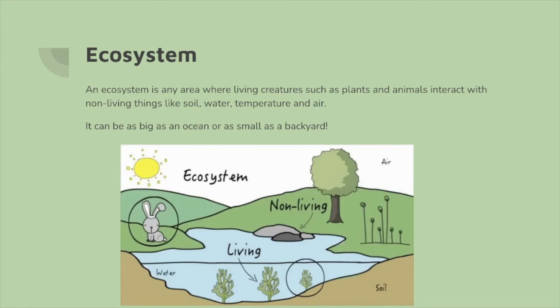So if you're thinking about what the difference is between habitats and ecosystems, we have habitats as a smaller basic needs of an organism, and the ecosystem is the larger interactions that go on and include much more than just a habitat does.